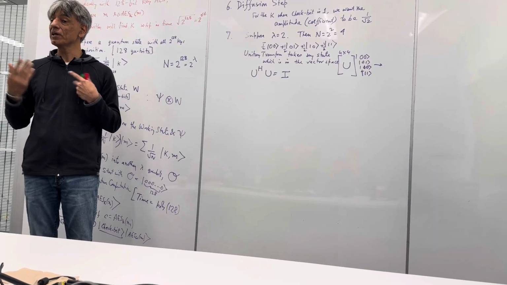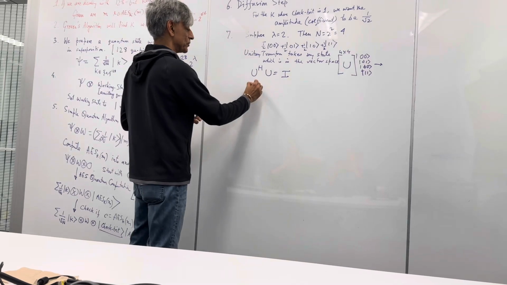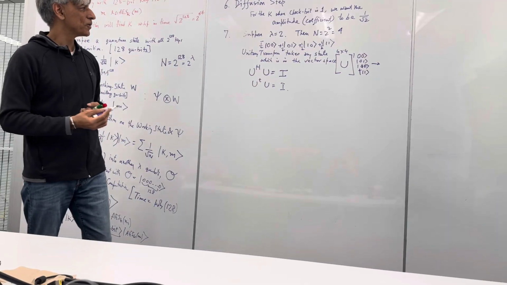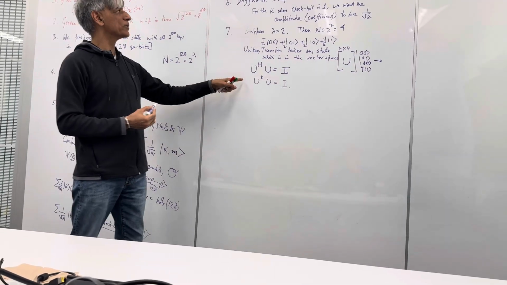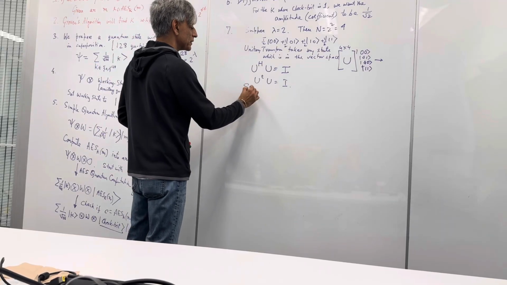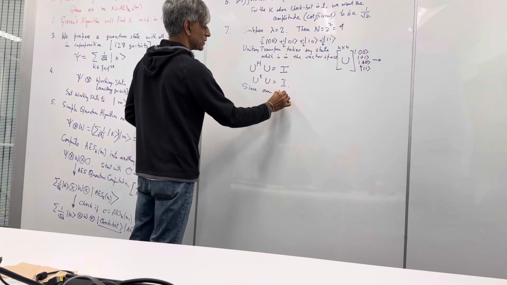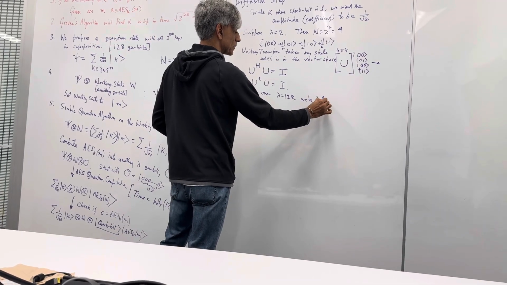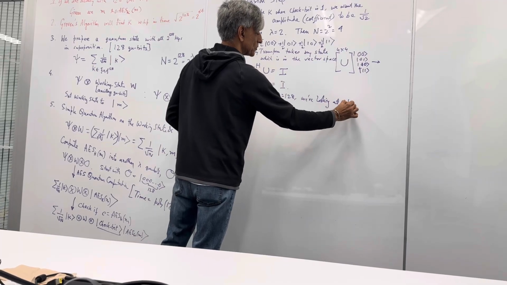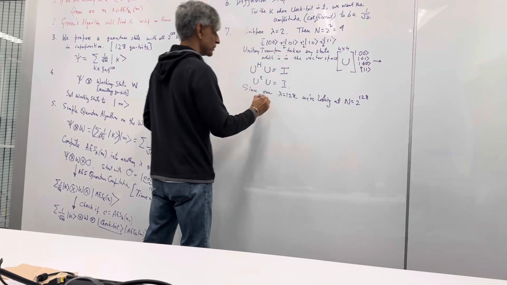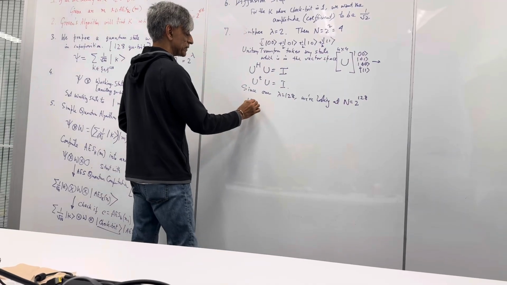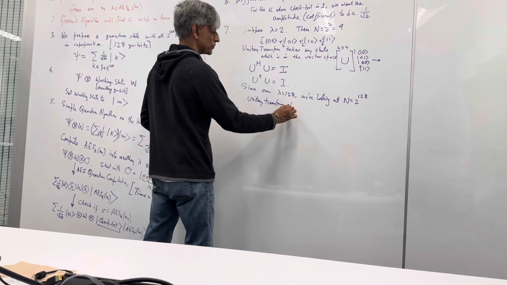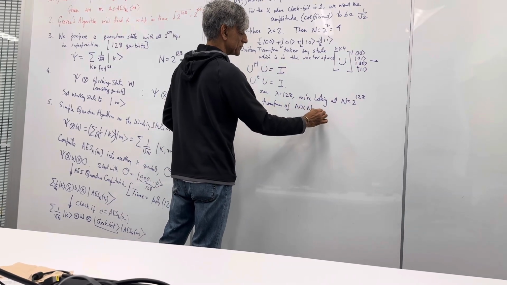If U is actually a real matrix, then it is just U transpose U equals I. So now we are looking at n equals 2 to the 128, and so unitary transforms of n by n matrices.